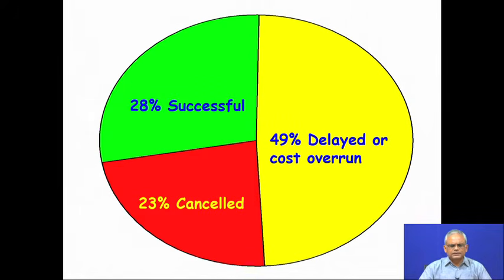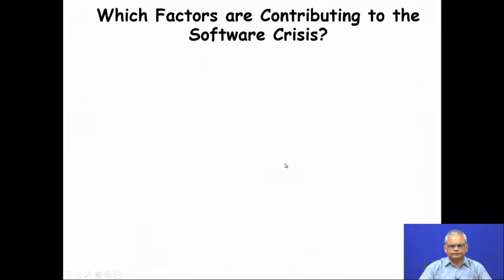And if we analyze the reason behind this, it is actually insufficient knowledge and application of software engineering techniques. The techniques, as we will see in the course, have developed over the years, and unless the developers have a good understanding and application of these techniques, the projects are bound to be delayed or fail.